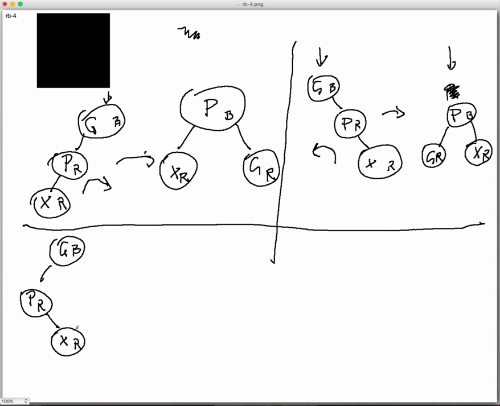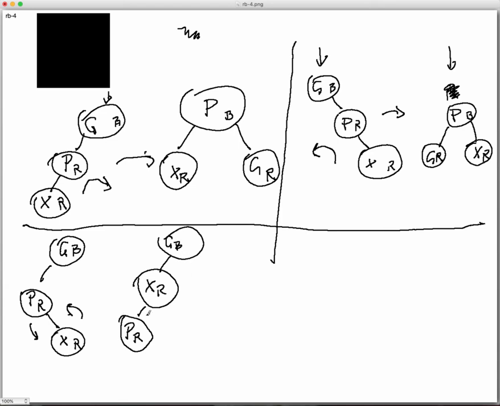The first thing we do is flip these around. We bring these guys down here, and I get a grandparent that is black. Now I come over here and I've got X, which is red, and now I come over here and I have a parent, which is red.